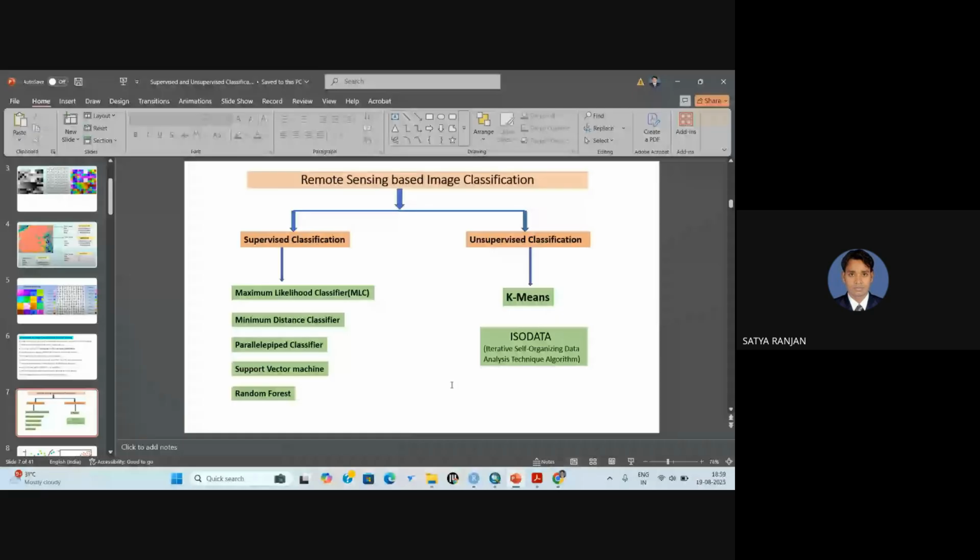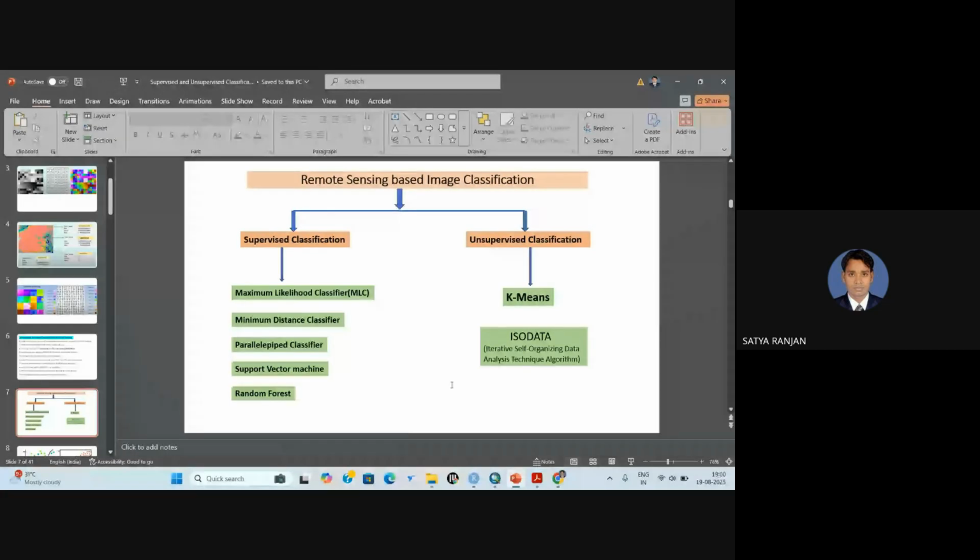A lot of other classifications also exist, but majorly these five are used in remote sensing for supervised classification. In unsupervised classification, K-means and ISODATA are basically used. ISODATA means iterative self-organizing data analysis technique algorithm.